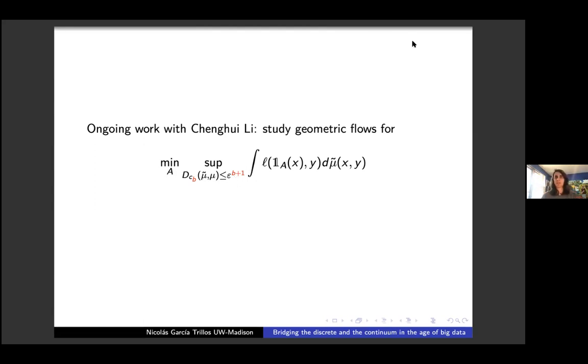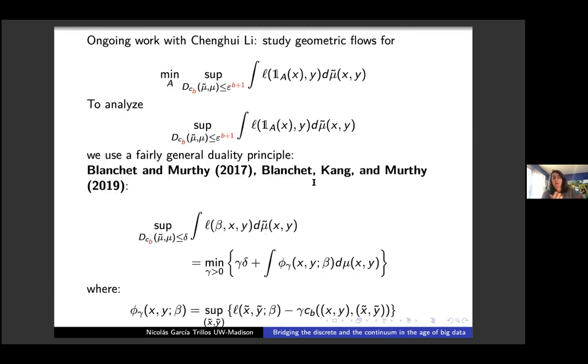Let's try to understand what's going on with this form of adversarial learning. What's the regularization happening? How are the boundaries going to evolve, et cetera? What helps in this model is a nice relationship that was studied in big generality by Blanchet and Murthy in the first paper, and later in another paper together with Kang, which basically says that when you have a constraint over measures on some Wasserstein-type ball, you can write this type of term in this form.